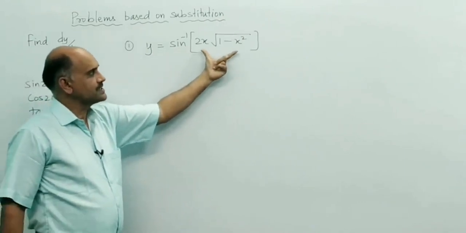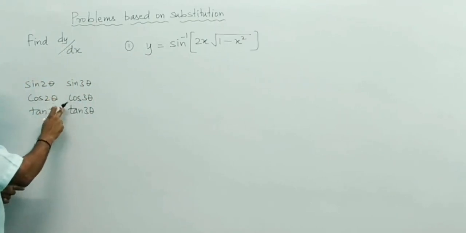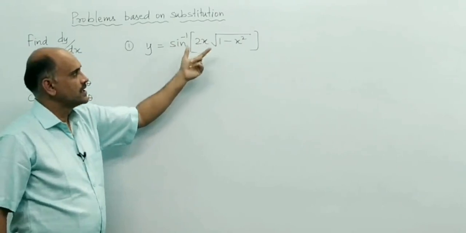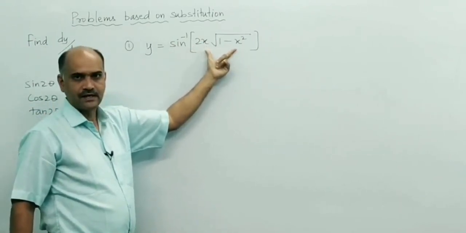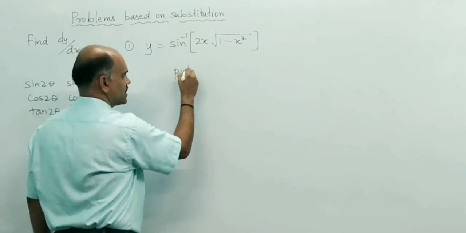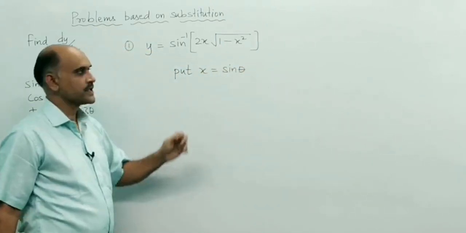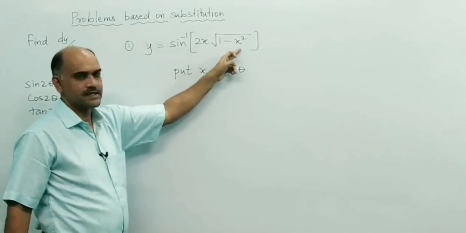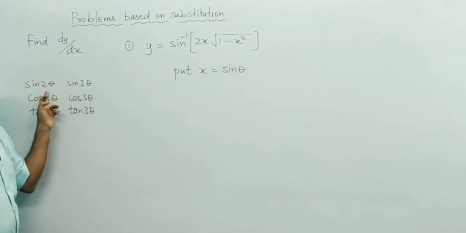So now seeing this bracket, you should think over which formula you will be getting if you substitute a trigonometric function. Now if you observe here 2x into root of 1 minus x square, if I substitute sine theta, so put x equal to sine theta. If you substitute sine theta, 2 sine theta root of 1 minus sine square theta, if you simplify, you will be getting formula of sine 2 theta.